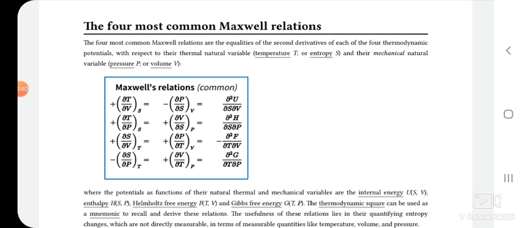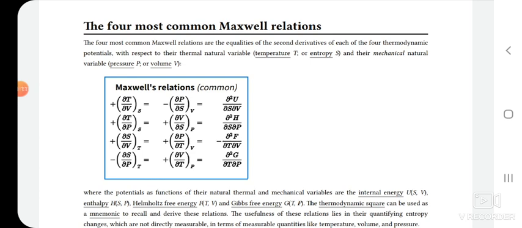In the case of Maxwell's relations, the function considered is a thermodynamic potential and two different natural variables for that potential, that we have to discuss in today's lecture, where the partial derivatives are taken with the other natural variables held constant.